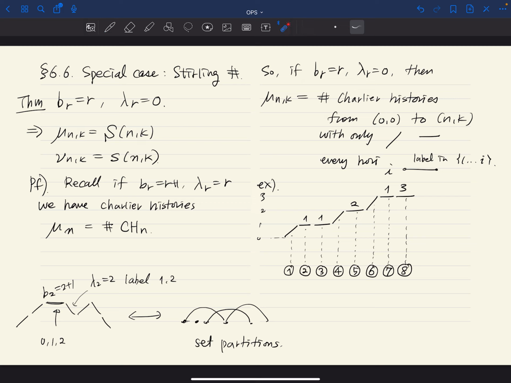So an up step means opener. Up step means opener. A horizontal step means transient. So it goes something like this. Sometimes we may have a singleton like this, but we don't allow that because 0 is not there. So horizontal always looks like this. Up step always looks like this. Up, horizontal, like that.